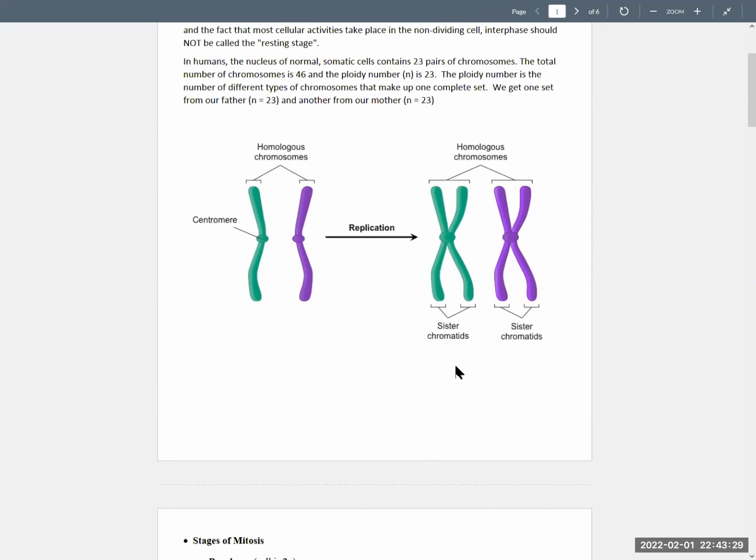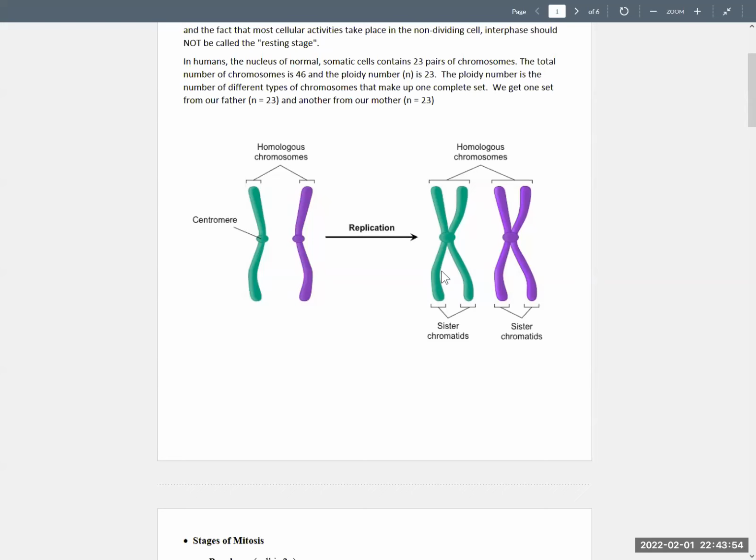In getting ready for division, the chromatids duplicate. This chromatid here on the outside is duplicated and another chromatid appears. These will be identical.